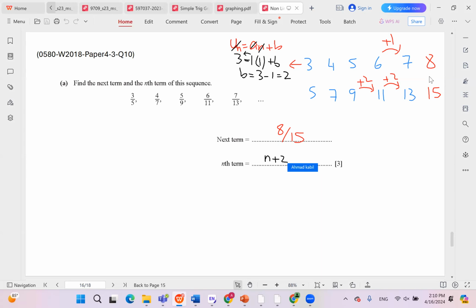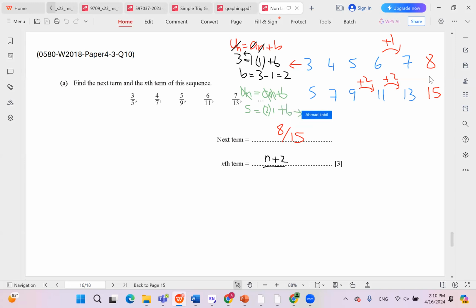Remember, it's an plus b, and we said that the a is 1, so it's just n plus b, so n plus 2. Divided by, and then we work on the second layer in exactly the same way. So again, here we have an plus b equals un. We put un as the first term, we put n as 1, and we put a as the difference, which is 2, to get the b.